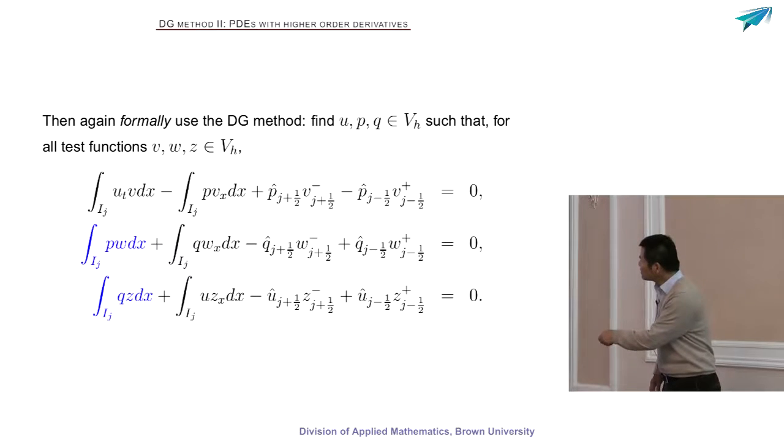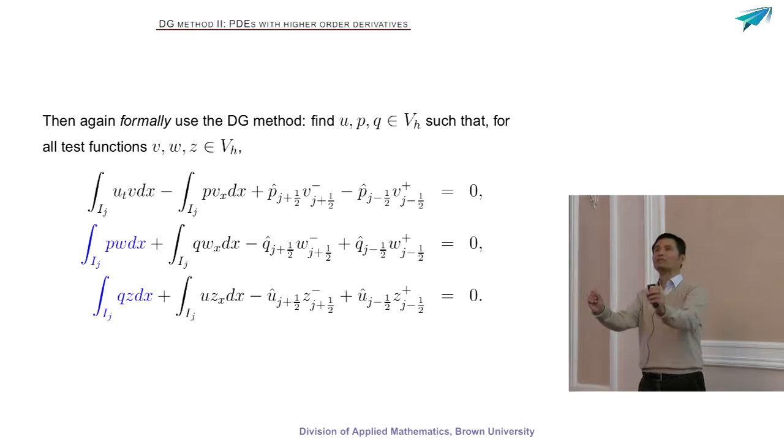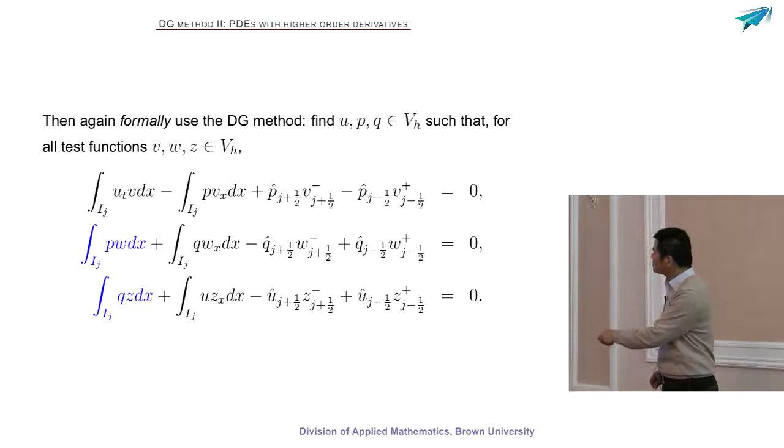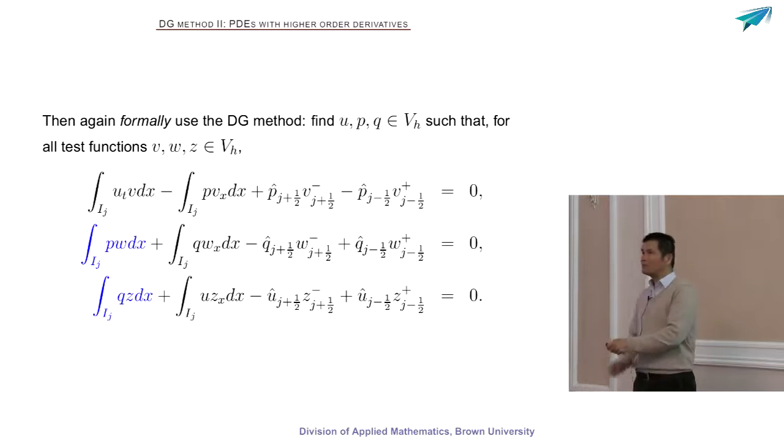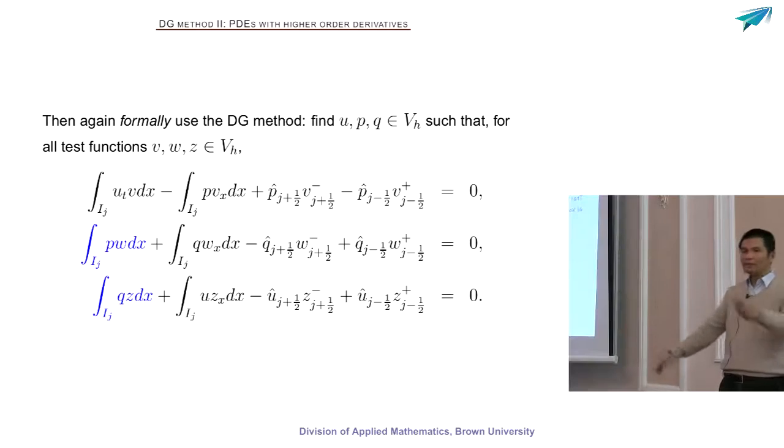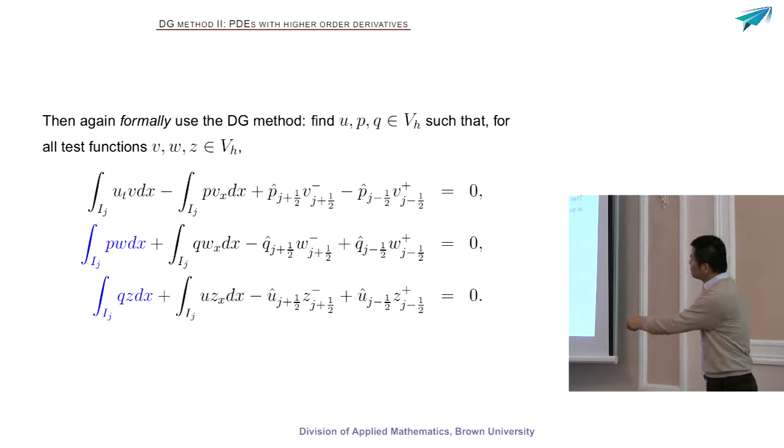Then you can immediately from the last equation compute q, because this part depends only on u, which is basically your hyperbolic subroutine to compute the residual. You compute the residual, you invert a small mass matrix, and you get q, which is a polynomial.